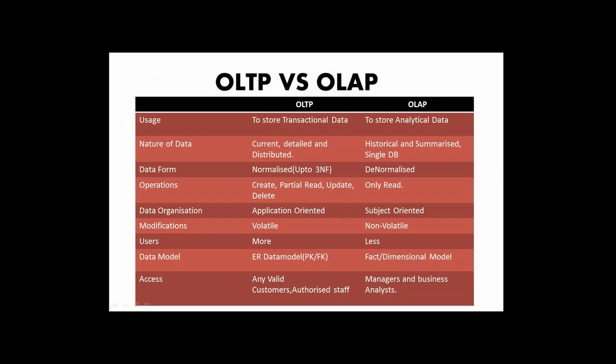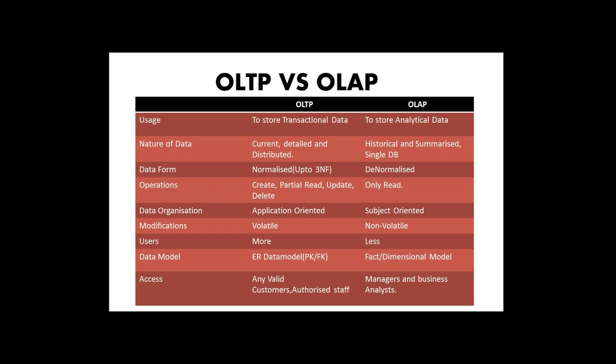But coming to a data warehouse, how they save data is called dimensional modeling. The completely normalized system we use in OLTP is called the ER data model. ER means entity relationship, with primary key and foreign key relationships there. Entity means each and every piece of data that is loaded is an entity.